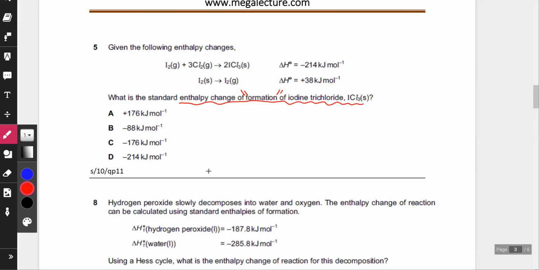You form the products, which is ICl3 in this case. And they have to be 1 mole. 1 mole of substance has to be formed from its... look at the definition of enthalpy change of formation.